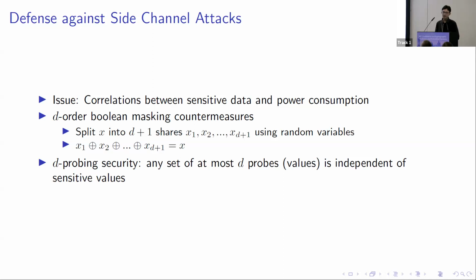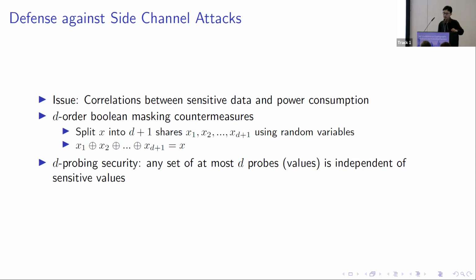Side channel attacks are based on physical characteristics when the cryptographic algorithm is running. It is feasible because there are correlations between sensitive data and side channel leakage, such as electric power consumptions. A masking scheme, sometimes called the private circuit compiler, is the well-known countermeasure.